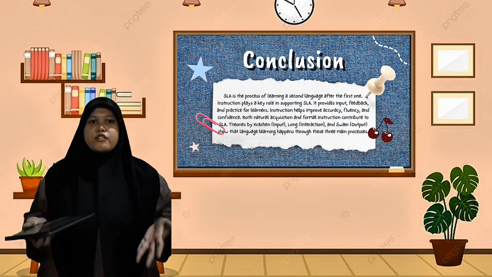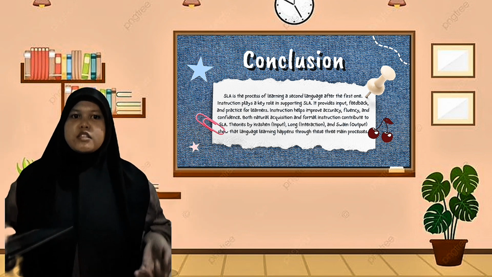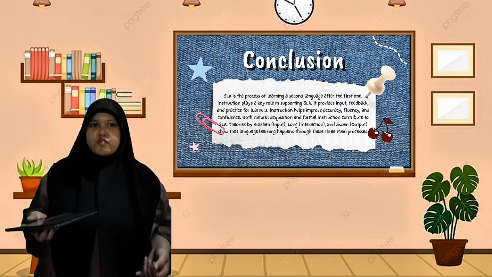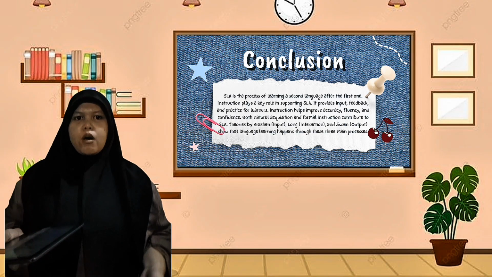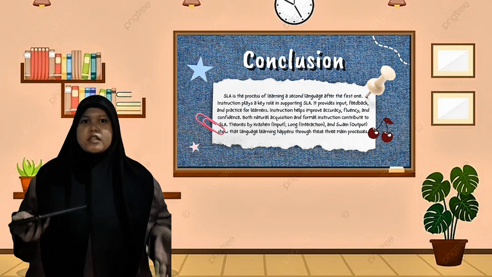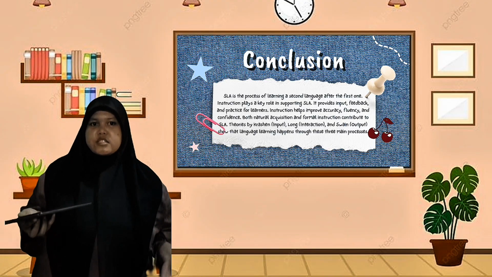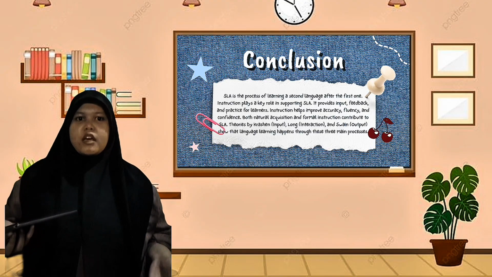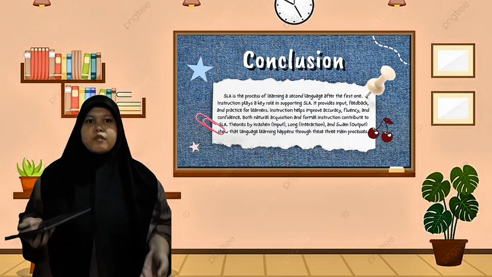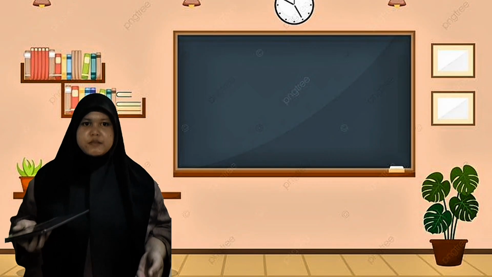We also looked at three SLA theories: Krashen's input hypothesis, Long's interaction hypothesis, and Swain's output hypothesis, and saw how they complement one another. Input, interaction, and output work hand in hand to help learners develop their language skills.